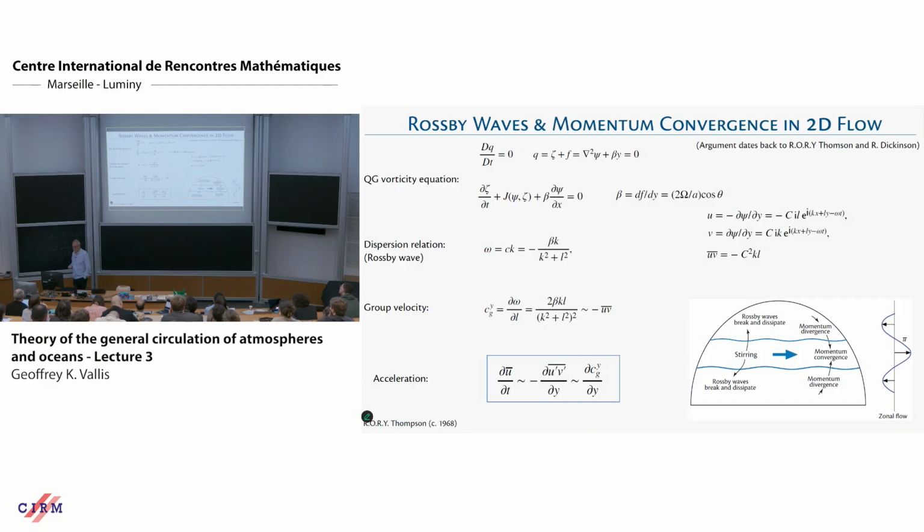And you've all done this, maybe you haven't done it for Rossby waves, but it's just a very standard thing. And then you get the dispersion relationship. Omega is minus beta k over k squared plus l squared. K is the wave number in the zonal direction. L is the wave number in the meridional direction.